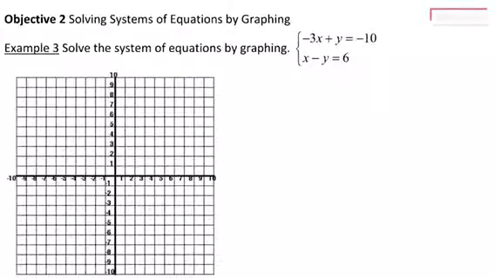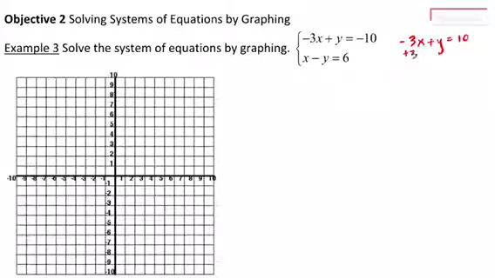Our next objective is to solve systems of equations by graphing. The first equation I'm going to write in slope-intercept form simply by adding 3x to both sides. So I start off with negative 3x plus y equals negative 10.